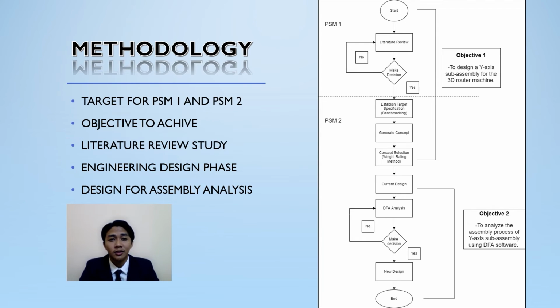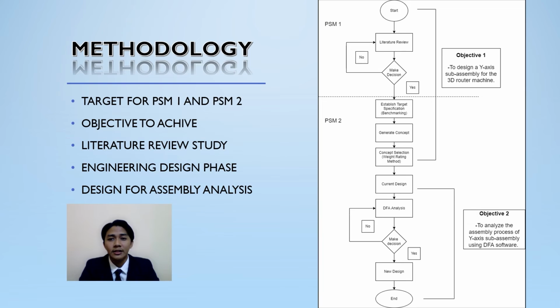Okay, for the methodology for this project, here is the flow process for my overall project. It shows the target for my PSM1 and PSM2, where my PSM1 is focusing on literature review study and finding, understanding the method to use for this project, in which I use the engineering design phase for most of my method, but with more concern and detail on design for assembly, DFA.